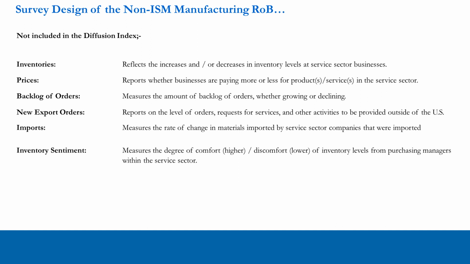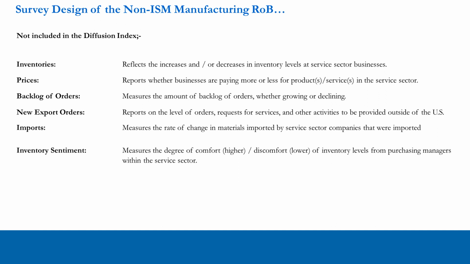Additionally, if backlog of orders is rising continuously, for example, it's likely that the service sector will require more resources to fulfill that business, and a better or more efficient supply chain. Therefore, there will be investment in employment and the supply chain.